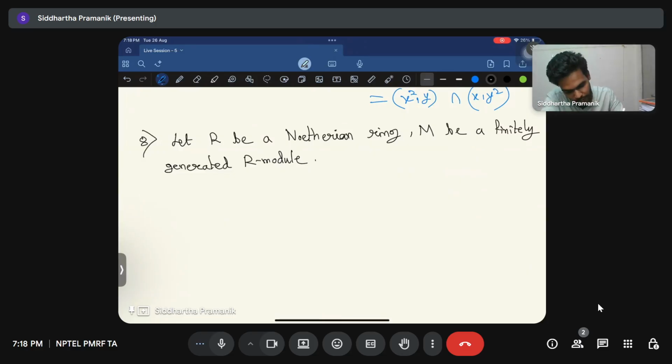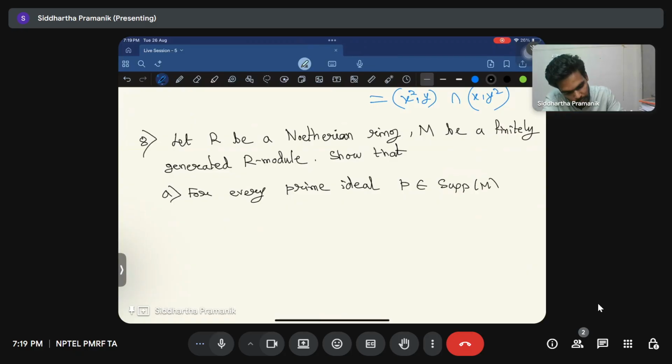Then, one thing is, for every prime ideal P in the support, if we take the quotient M by PM, then this quotient has to be non-zero.